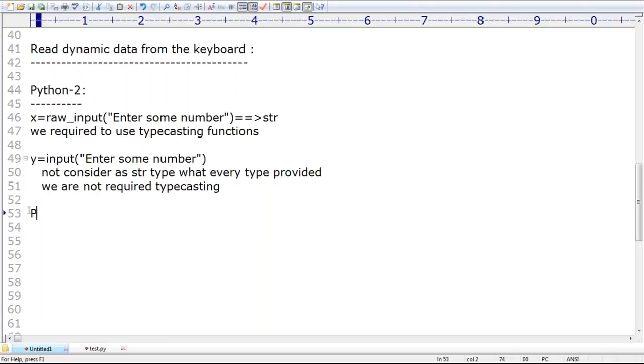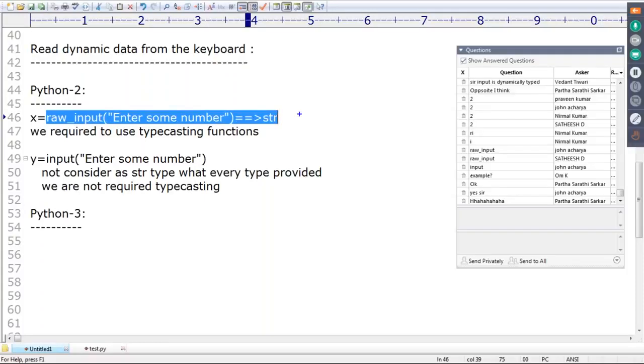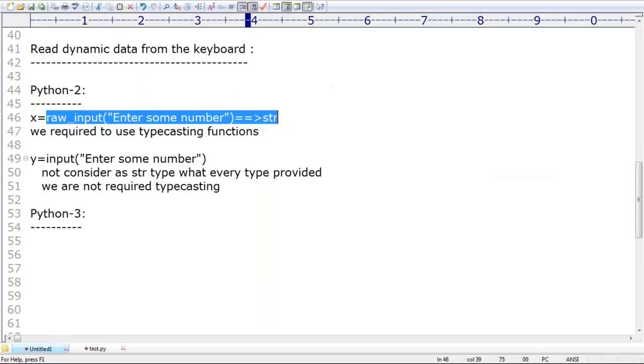But in Python 3, don't get confused, take very special care. In Python 3, raw input is not available. Remember this, we have only the input function.